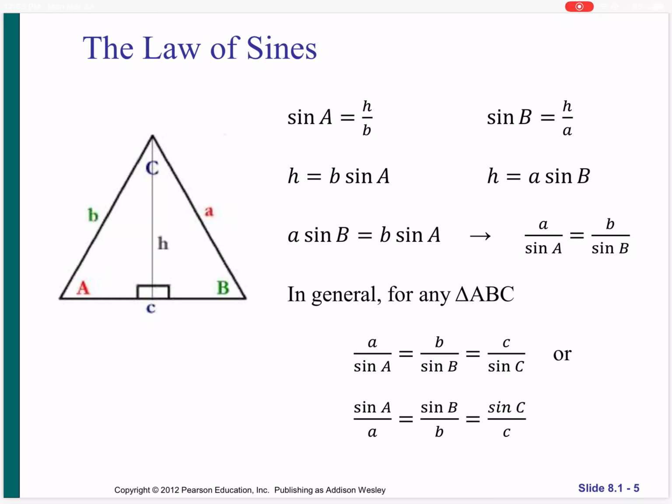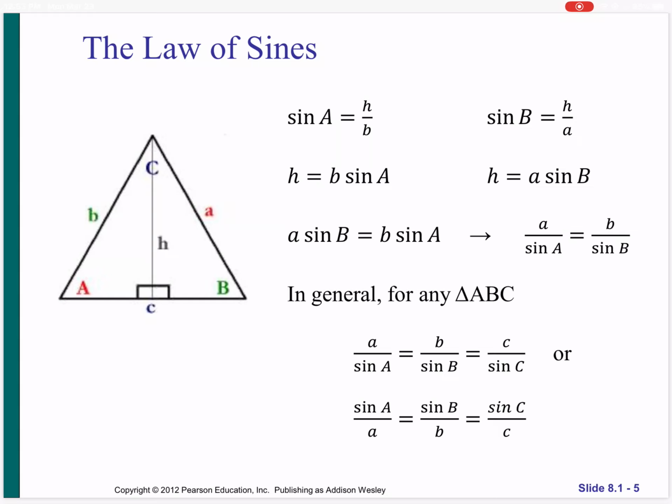Sine is opposite over hypotenuse. The right triangle on the right side of the larger triangle, the sine of angle B, again opposite over hypotenuse, in this case would be h over a.